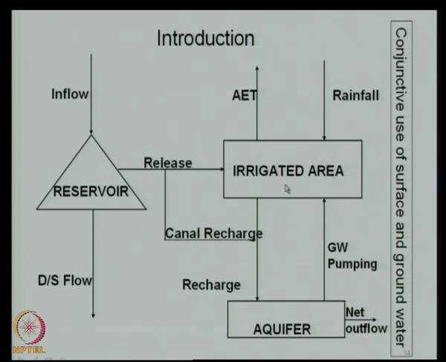At the irrigated area, apart from the surface water application through the canal network, you also have natural rainfall that is contributing to the irrigation. You may also have groundwater pumping contributing to the irrigation. So, this is the conjunctive use system, and what kinds of questions we ask in building a systems model, etc., presently I will discuss in slightly greater detail.